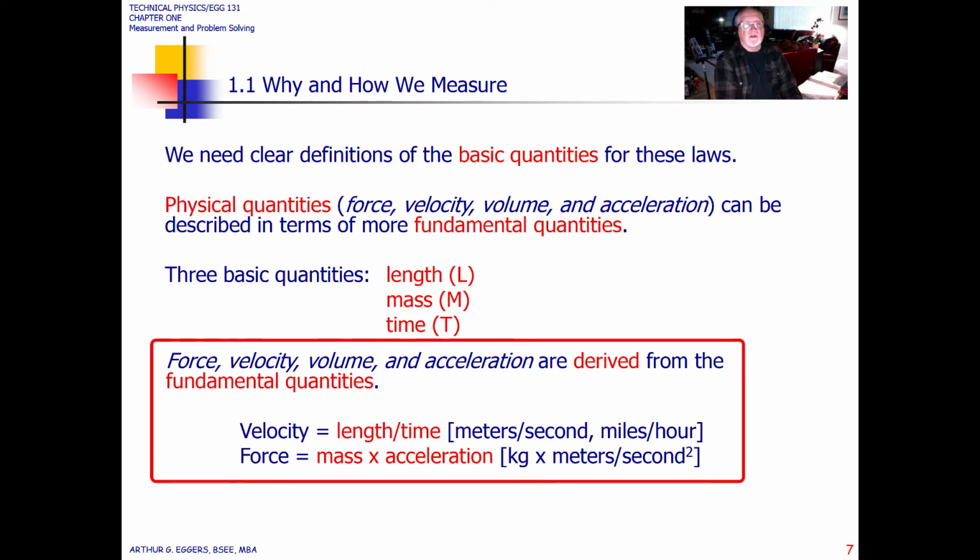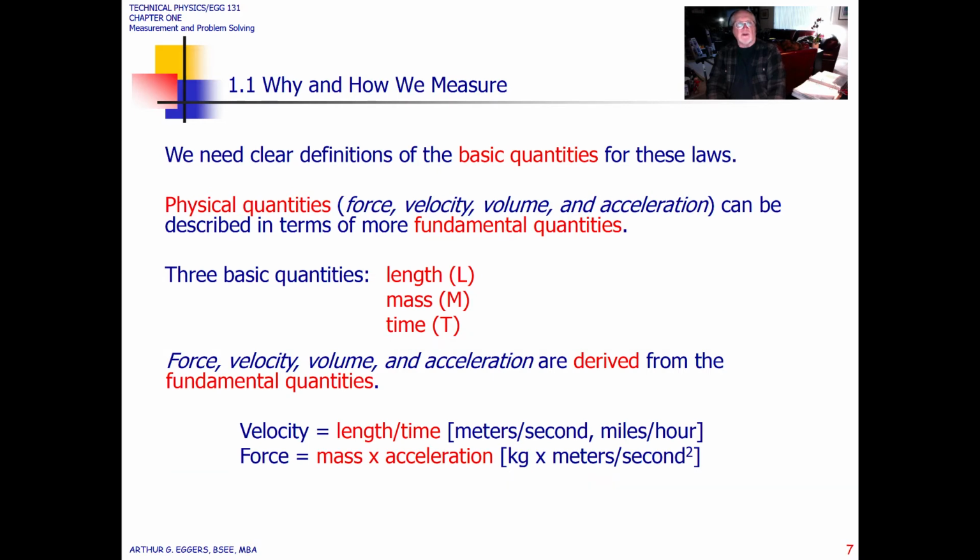Force is equal to mass times acceleration, which can be broken down into kilograms times meters per second squared. And so with each unit that we come across and we build, we will see that we are adding typically some unit of time associated or some unit of mass associated to come up with a new unit which is derived.